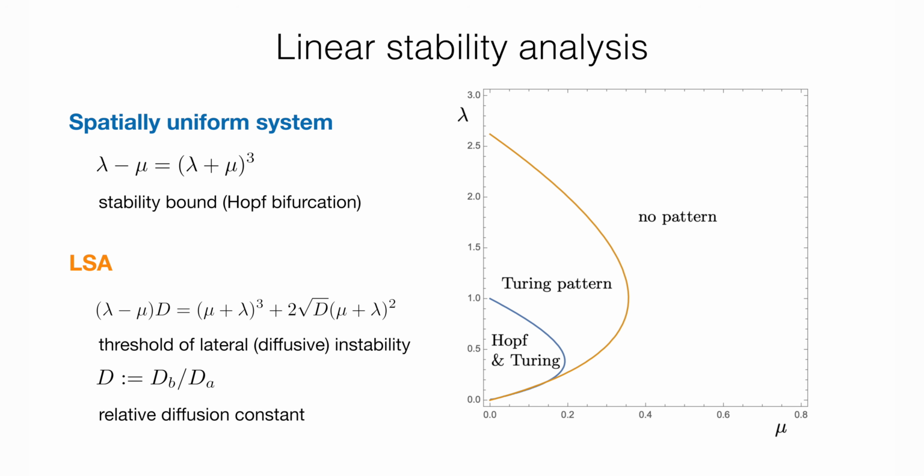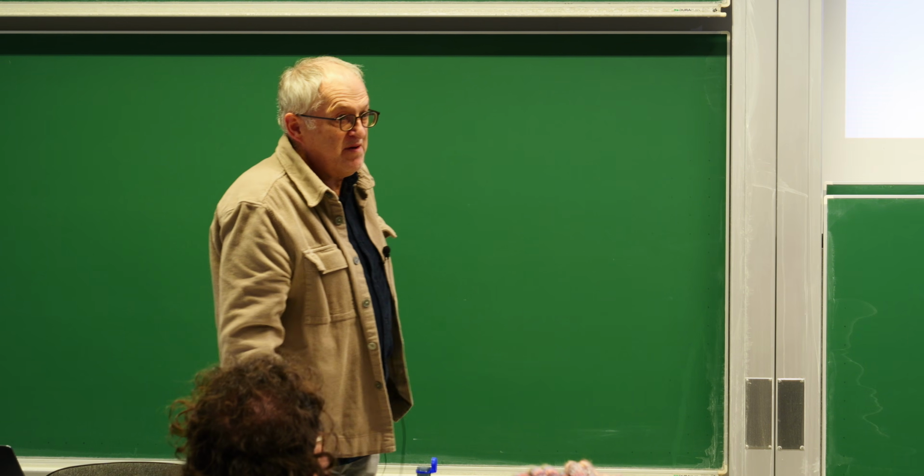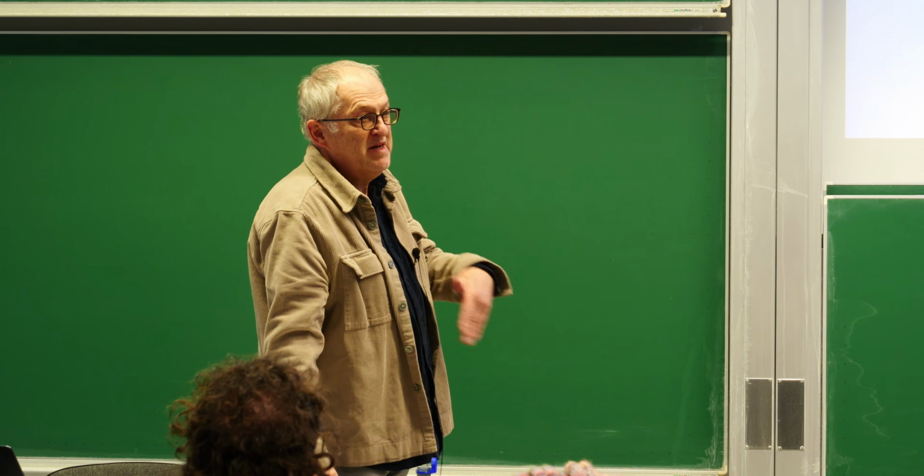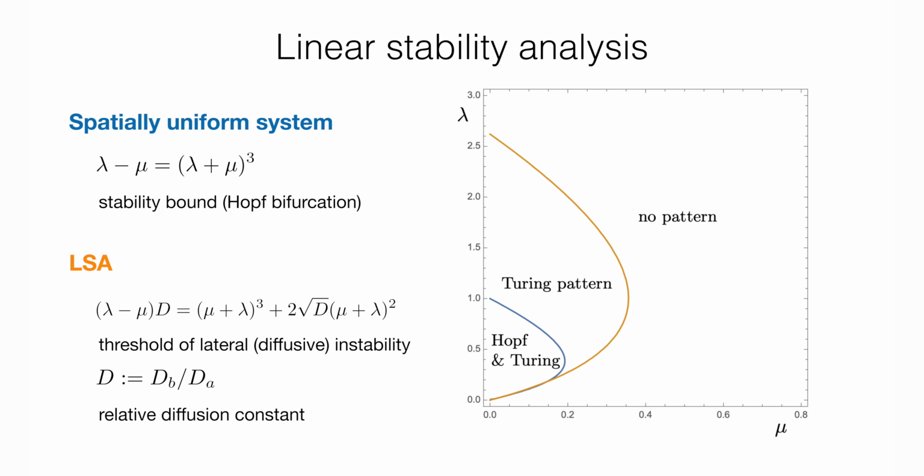So we can also do the linear stability analysis, and that's again very, very straightforward. As you saw, we have the general formula. It's the Siegel-Jackson condition. And the Siegel-Jackson condition, if you write it out for the Schnackenberg model, it translates to this formula, where the D that we have here is the ratio of diffusion coefficients for species B relative to species A. And again, this is some kind of line in the mu lambda phase space.